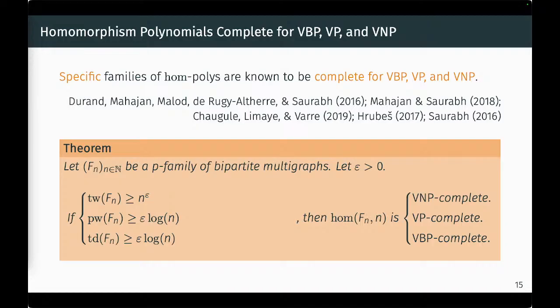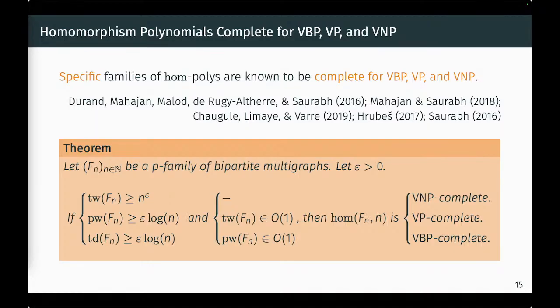And we vastly generalize these results by proving this theorem, which looks like a mouthful, but it's not so bad. So if you take a family of patterns, Fn, and some epsilon, if you assume that your tree width, path width, tree depth is sufficiently large, then your polynomials are hard, first of all, for VNP, VP, and VBP. Okay, and you also need to assume something for containment.